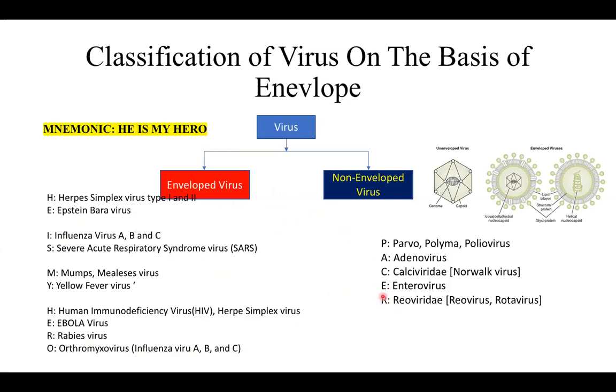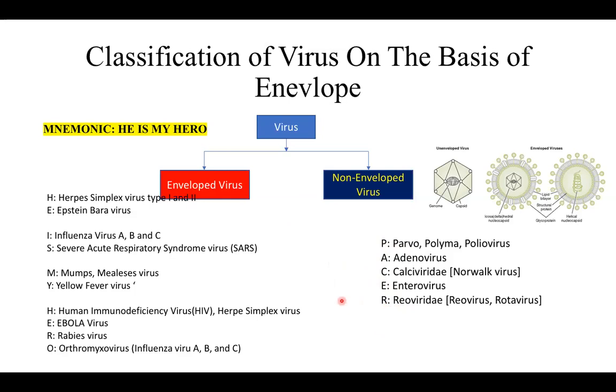You can write anything that you remember, either race or ACE or PACE or PACER. P stands for the parvovirus, polyomavirus, or the adenovirus. C stands for the caliciviridae, that is Norwalk virus. E stands for the enterovirus. R stands for the reoviridae, that is rotavirus or reovirus. These are the non-enveloped viruses.